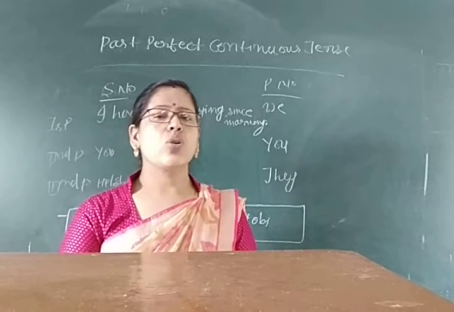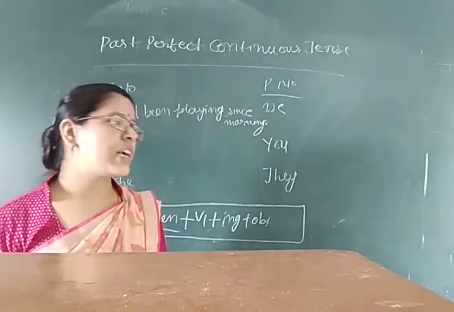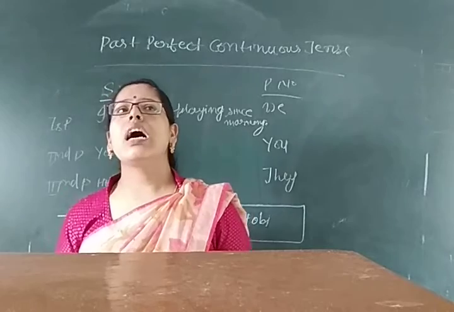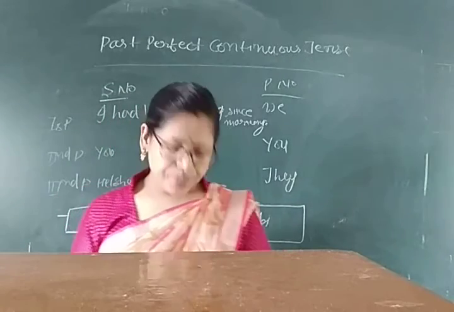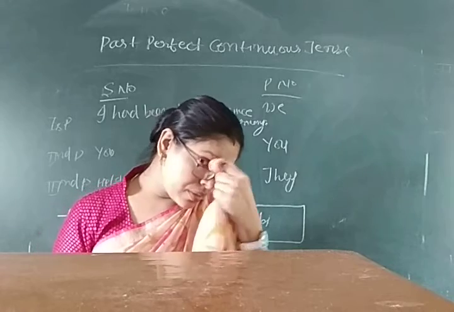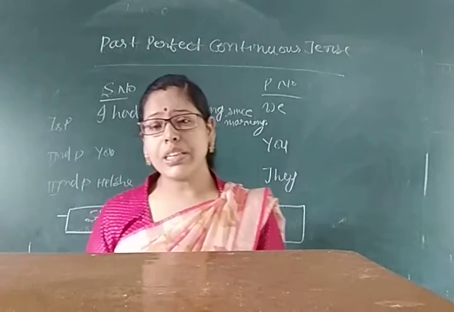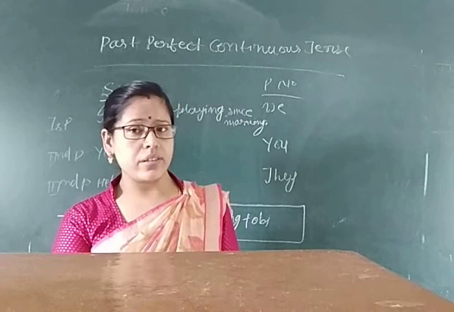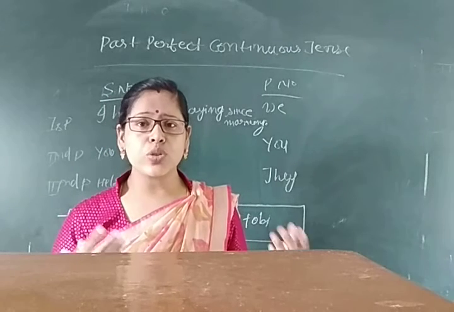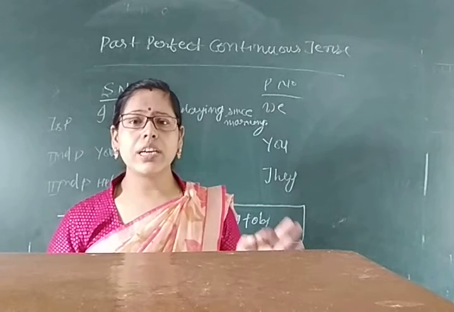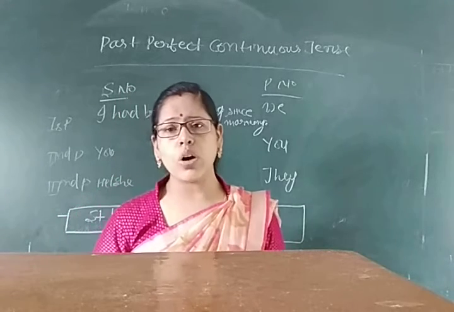ऑलराइट। So what will be the sentence? Suppose that मैं ये बोलना चाह रही हूँ, I had been teaching in this school for 2 years। Okay, I had been teaching in this school for 2 years, alright, but I haven't disclosed which 2 years I am talking about. That is why I have used here what?